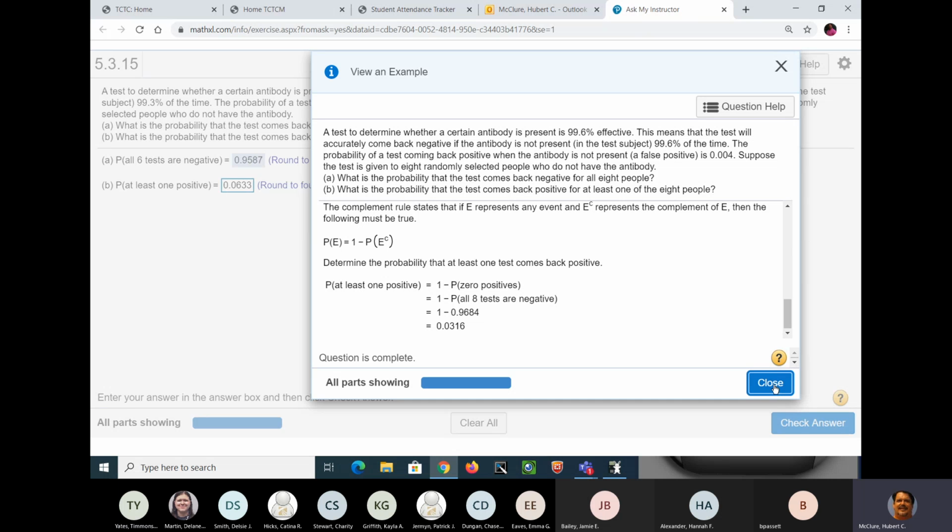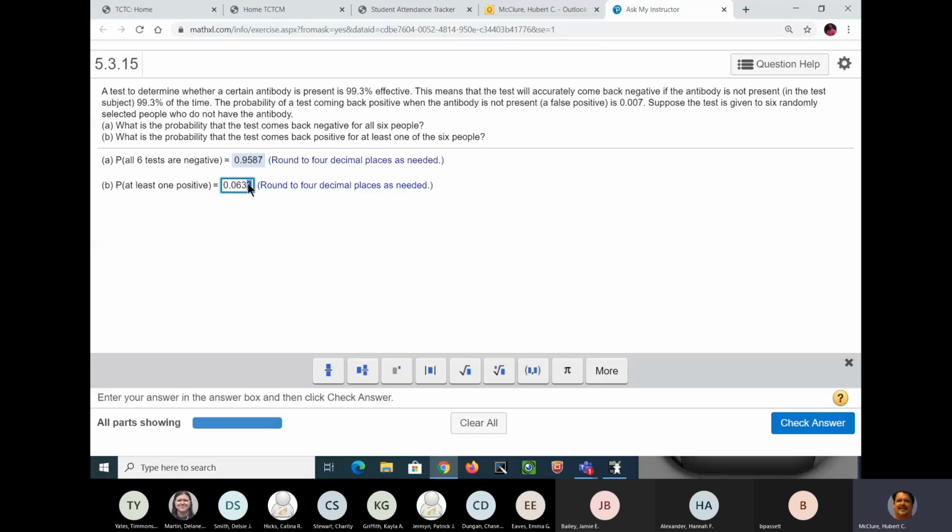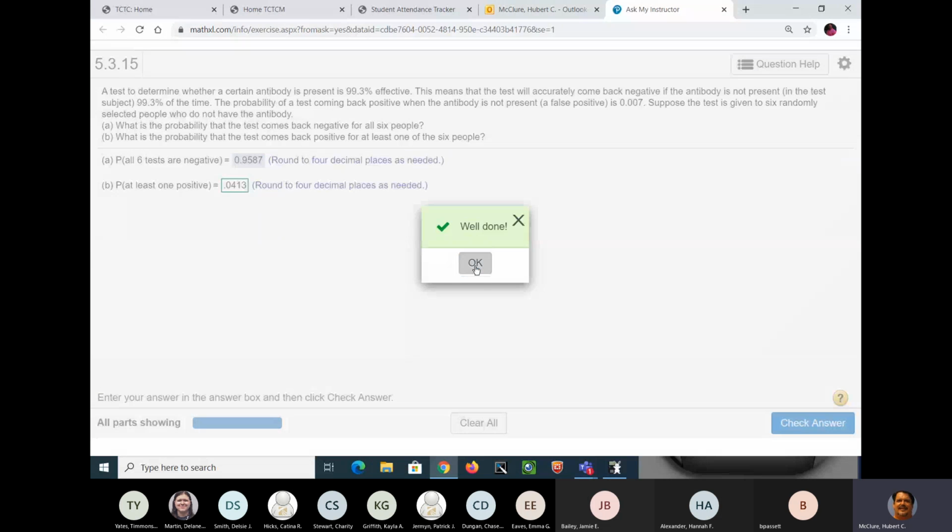So 1 minus 0.9587, and that will be 0.0413. 0.0413 should be your answer. 0.0413. And my num lock is not on. Oh man, 0.0413. And that's it.